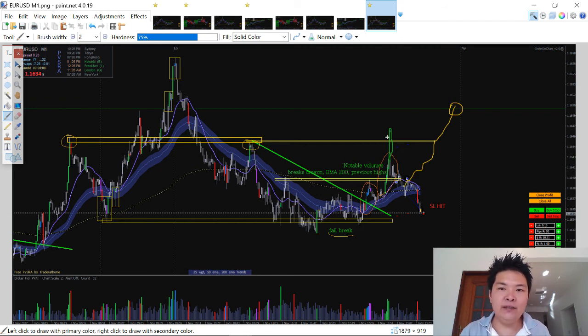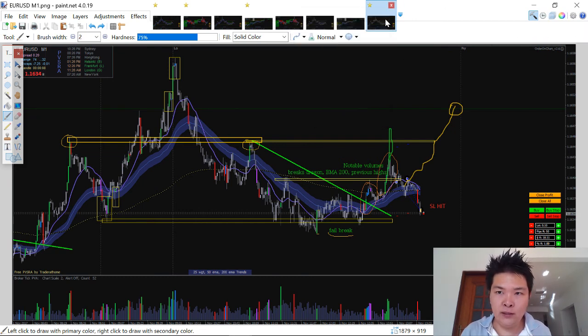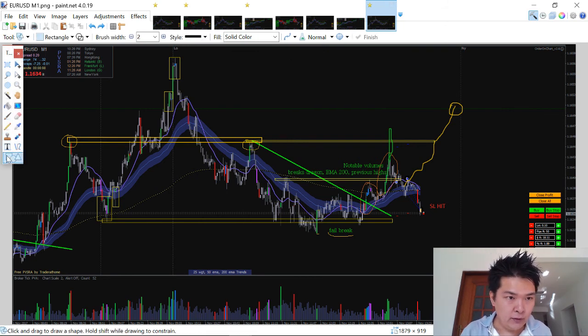So even this one, I don't think I would trade, but I would like to see something like this. That would make me more comfortable to trade, which would be something like, let me write, if I had here a green candle that broke the last one like this, and made a new high like this.